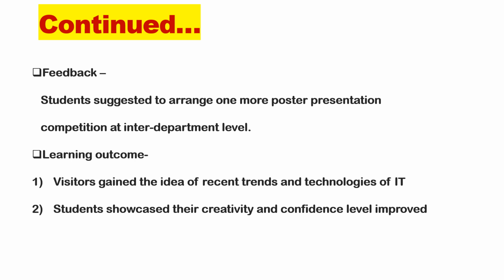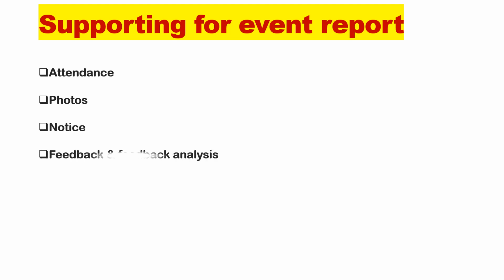Now let's go for the supportings required for the documentation of the event or activity report. As a supporting of the event report, it is necessary to submit the attendance sheet of that event, then photos of the event, notice of the event, and feedback collected from the students and staff and its analysis.